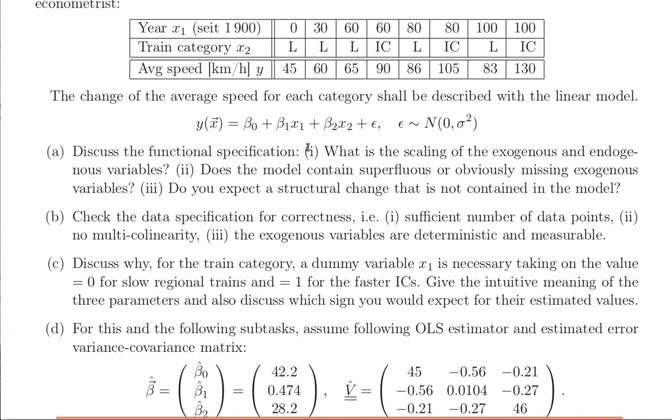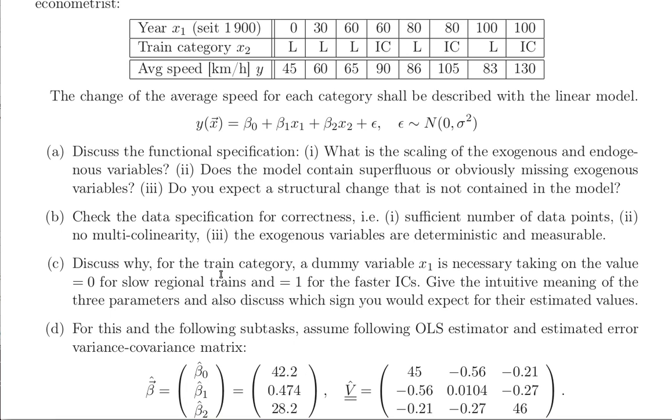It's the year 1900, because that's how we defined x1. And also, if the dummy is 0, that means beta 0 is the expected speed for low speed trains in the year 1900. So we expect it to be a positive quantity, and in fact it is 42.2 km per hour, so this also has a plausible value.